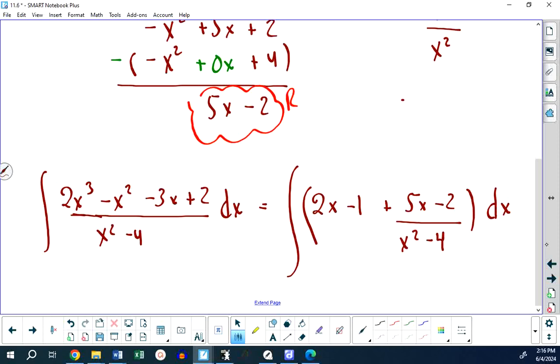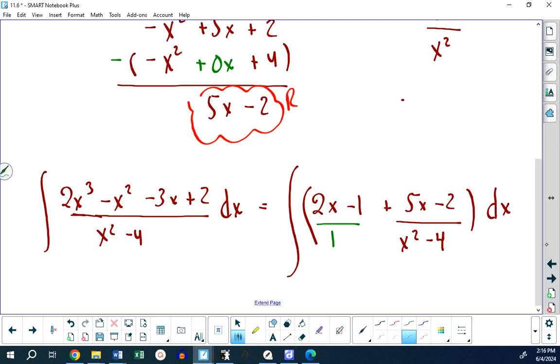You okay with that? We can certainly verify this. Well, you can if you want. You could multiply top and bottom of 2x minus 1 over 1 by x squared minus 4, FOIL out the top and gather all of the terms. You're going to get the original numerator of the original integrand.